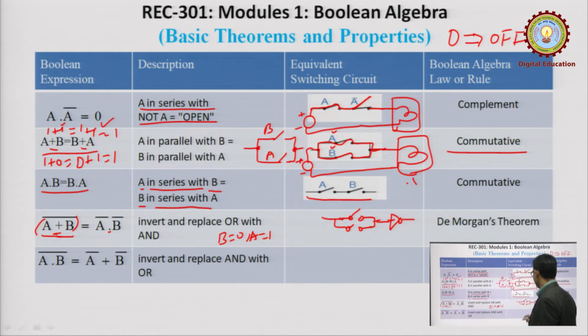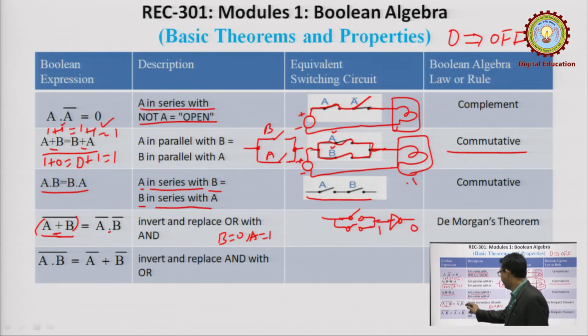B equal to 0 means this is open, this is closed. One is closed and the second one is open, but both are connected in parallel, so the output will be 1. We get the output 1 here, and when this 1 passes through the NOT gate, the actual output of the circuit will be 0.